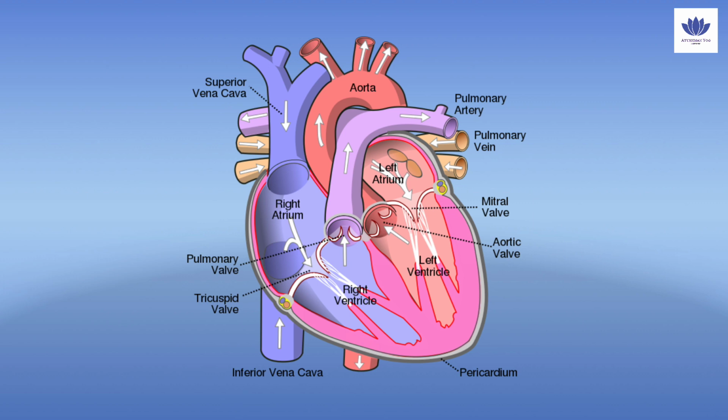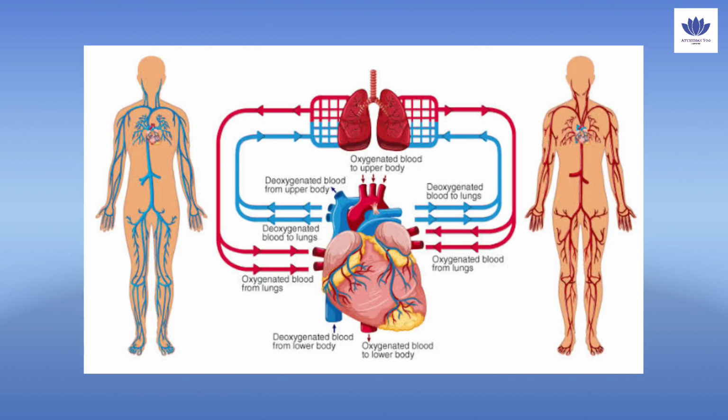Now the function of the heart. So oxygen-poor blood returns to the right atrium and then to the right ventricle. And from there it is pumped to the lungs through the pulmonary artery. In the lungs, blood picks up oxygen and releases carbon dioxide.